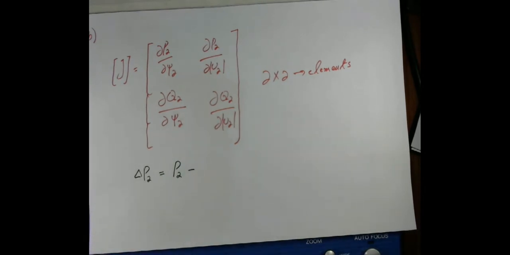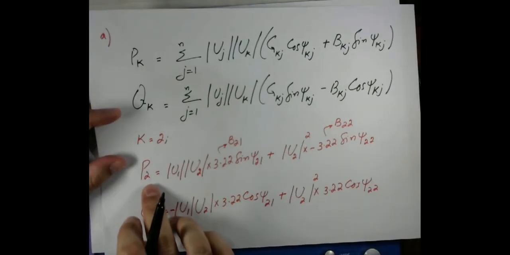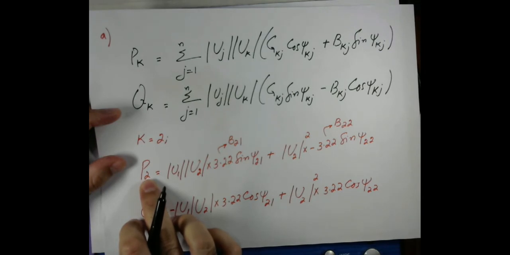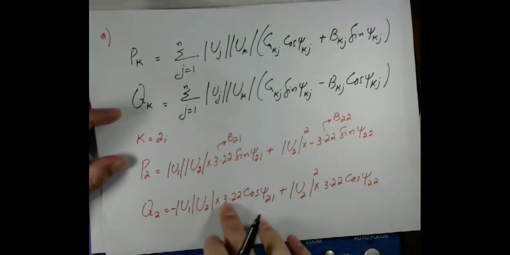And if you remember, in the beginning we wrote the expressions for the active and the reactive power. So that was the expression for the active power, and that is the expression for the reactive power.